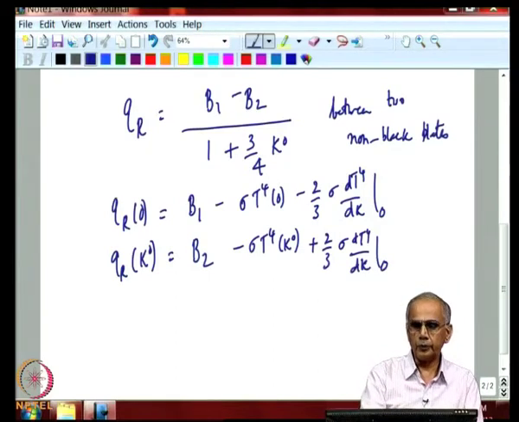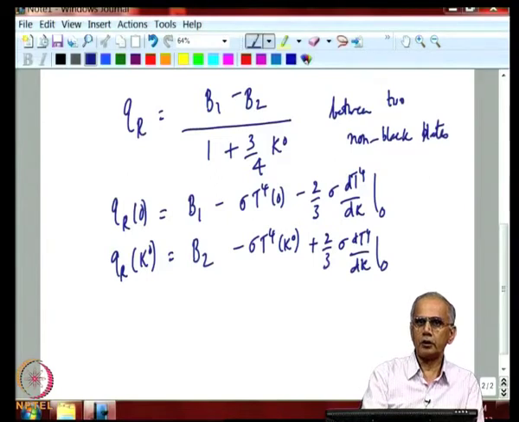Now, I want to remind you that in radiation heat transfer, we cannot assert that the temperature of the gas next to the wall will be the same as the wall temperature. That is, we must permit a slip between the gas temperature and the wall temperature. This is not normally invoked in conduction or convection heat transfer studies.